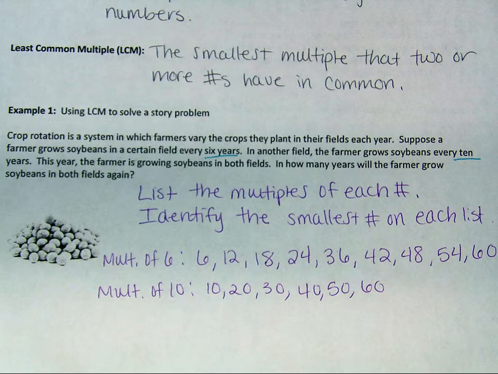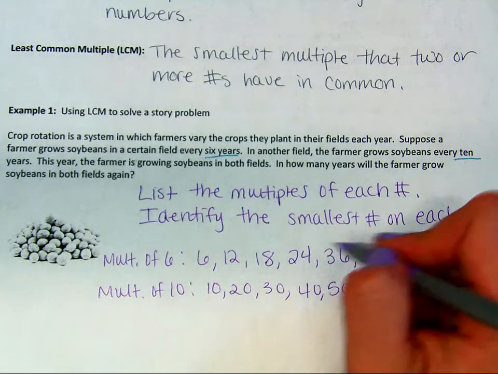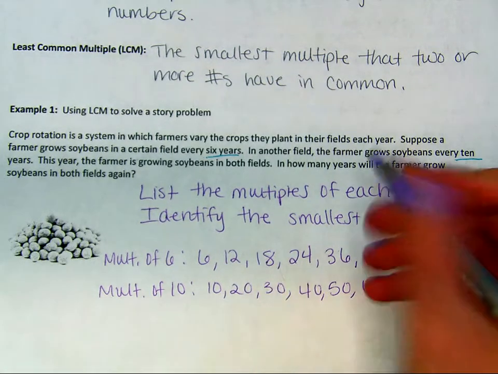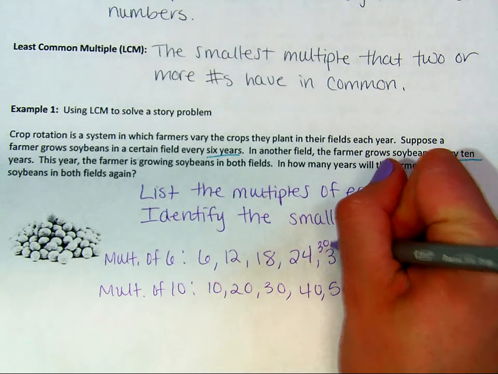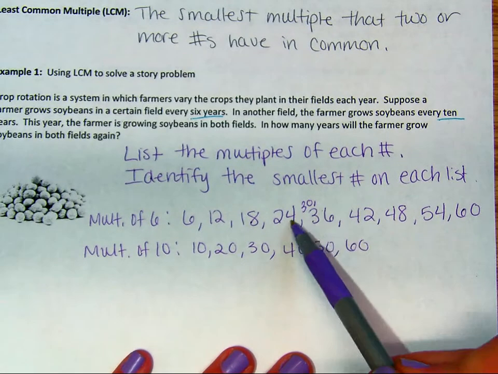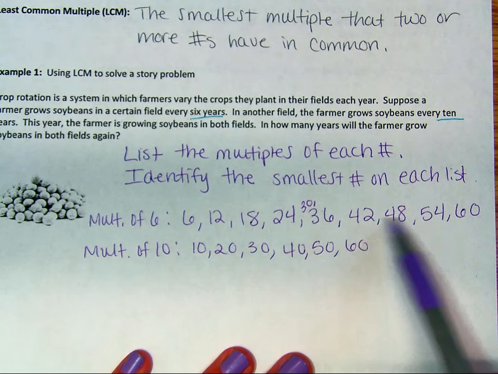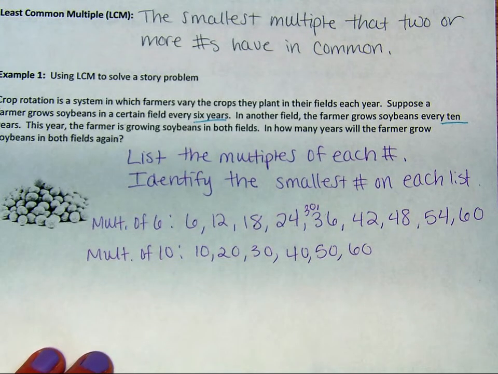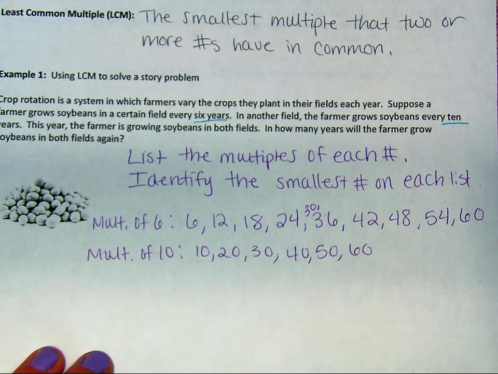Oh man, I messed up here. Sorry, there should have been another. So when I was counting by 6s, I went 6, 12, 18, 24. There should have been a 30 here. Let's add that into our list because I forgot to add it. 24, 30, 36, 42. There we go. Now we're good. Okay, so look at your list. What do you notice? What common multiples do you see?